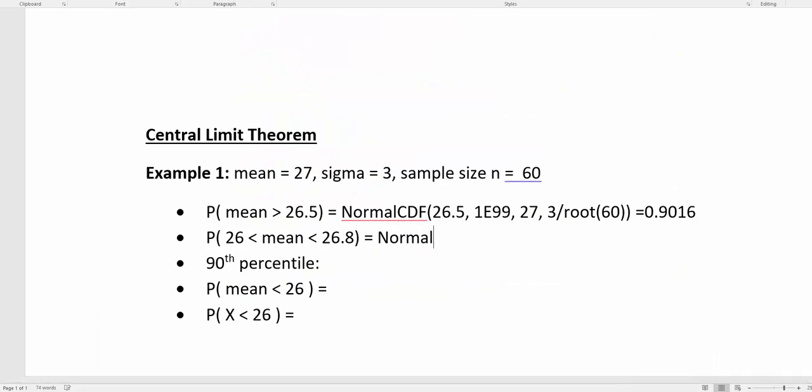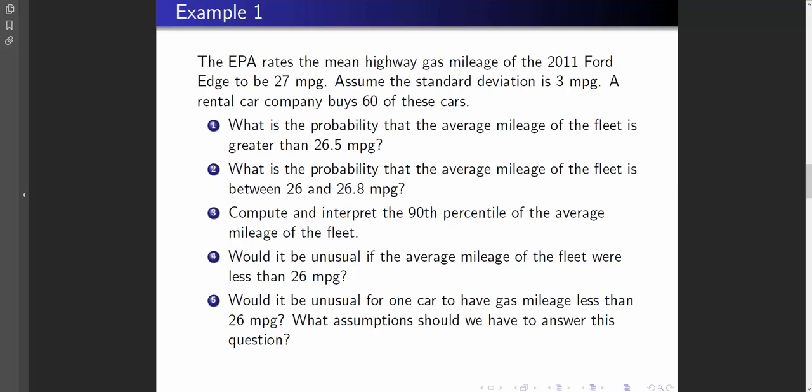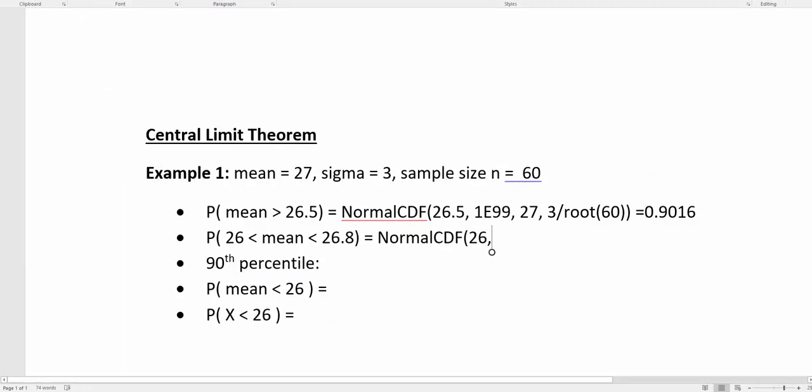But now we have 26 and 26.8, so that's the low limit and high limit. The mean and the standard deviation are just like the ones above, so I'm just going to copy it here. Mean and standard error.